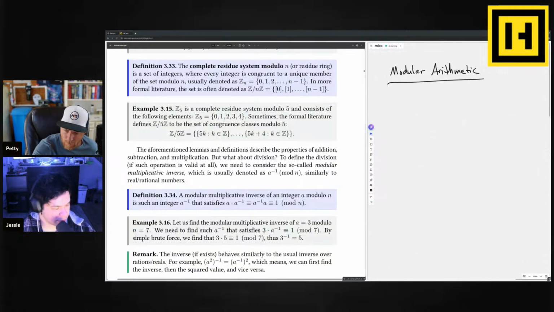In more formal literature, the set is often denoted as Z divided by nZ, equal to a set of square brackets. So it's a set of congruence classes, I guess, is how you would read that.